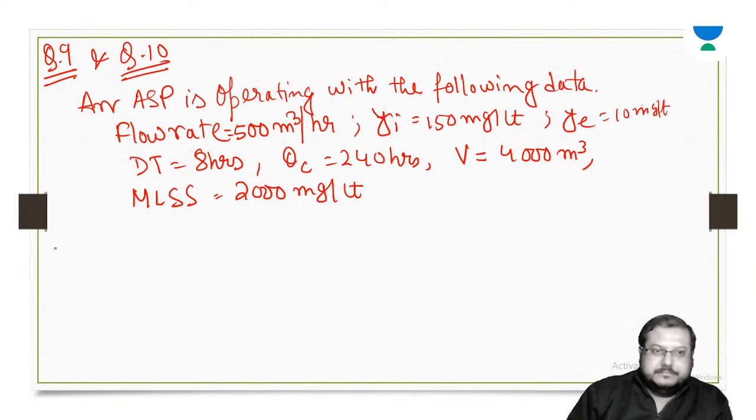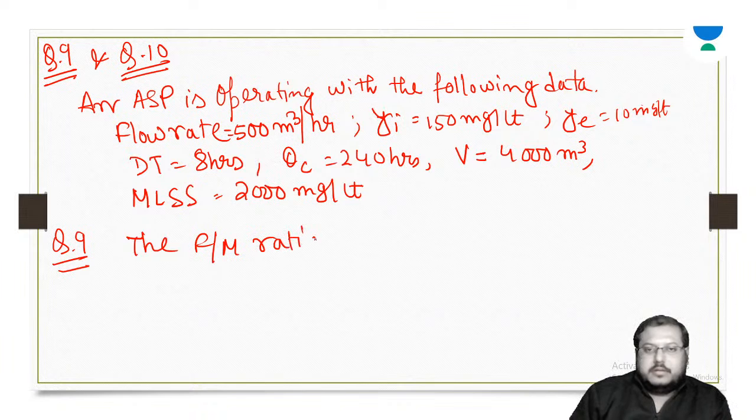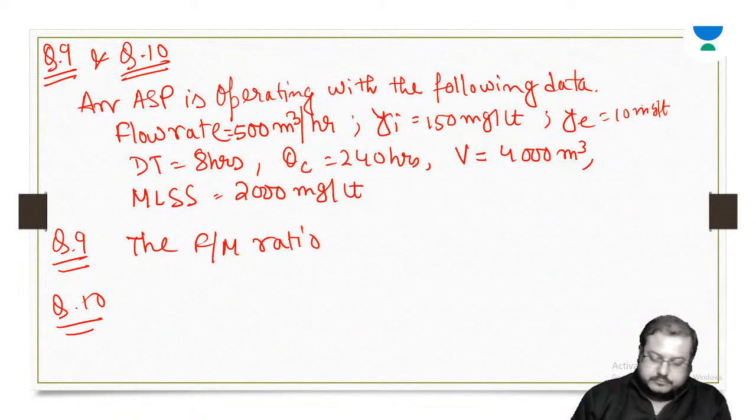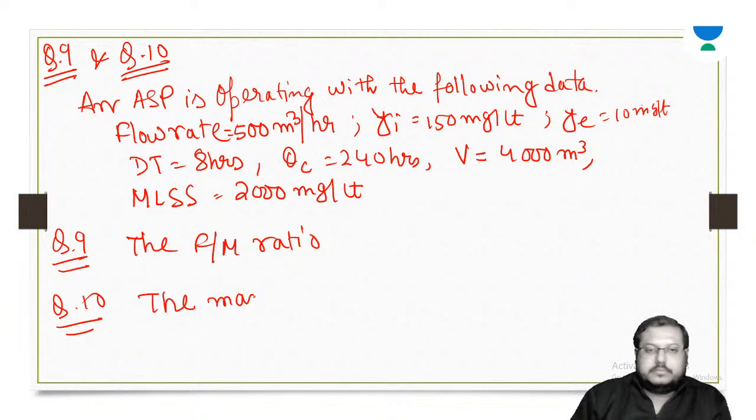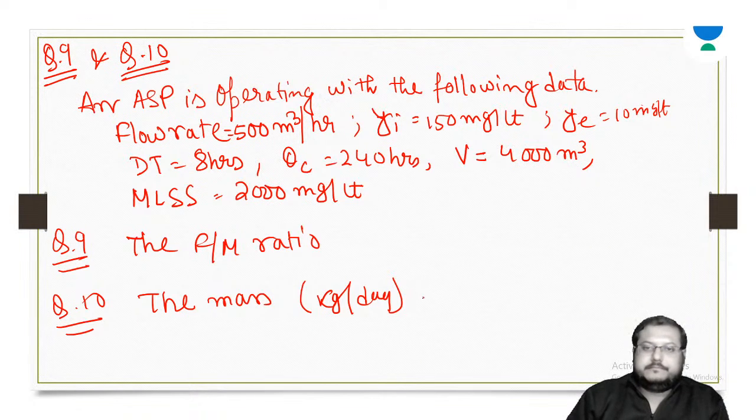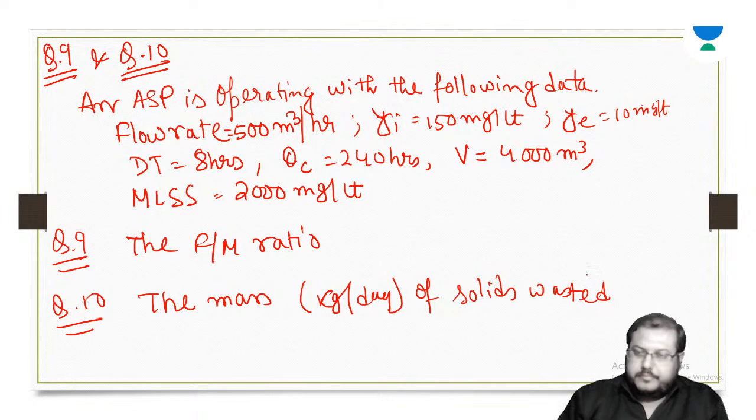Question number 9: the F by M ratio. And question number 10: the mass of solid wasted from the system, in kg per day.